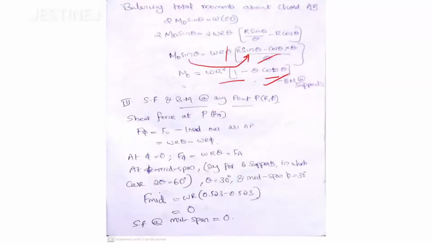Then let us take some points, that is shear force and bending moment at any point. For finding that, let us consider a point there. If you observe the shear force, the total force is going to be W R theta at the reactions minus the load over the arc.